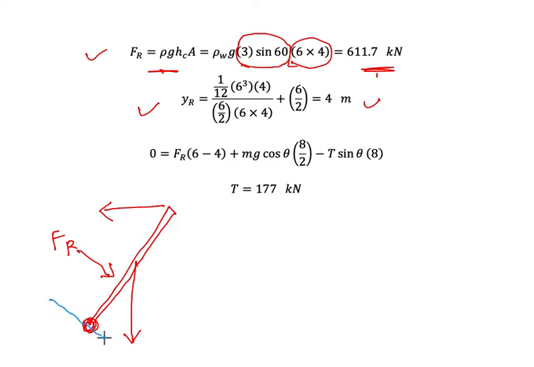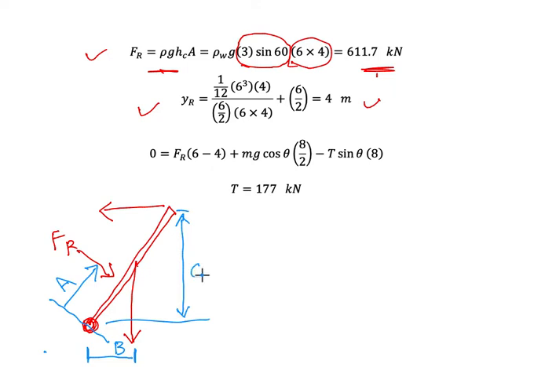So for F_R here, we need to take the distance of this one. So the distance A needs to be used to calculate the F_R. And for the weight, we need to take the distance of this one, which is distance B. And for this one, we need to take the distance of this one, which is distance C.